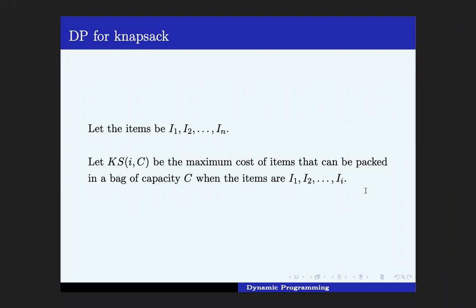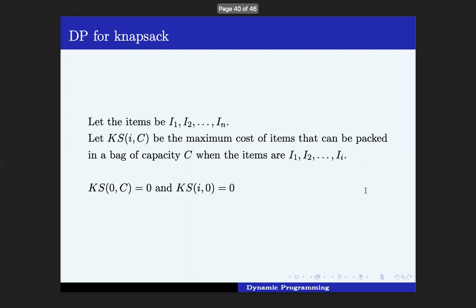We just enumerated them. Okay, so this will work now. We can build tables, right? Again, you can very well see that K(0, C) is 0 and K(I, 0) is 0. There's no non-trivial thing here. If the size of the sack is 0, then nothing much I can do.